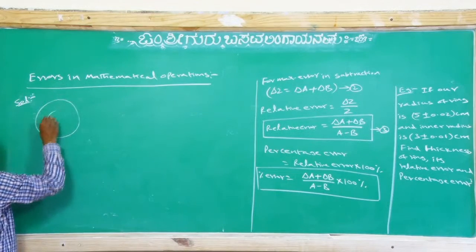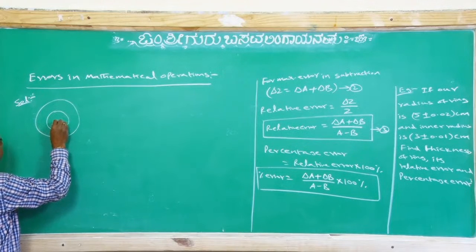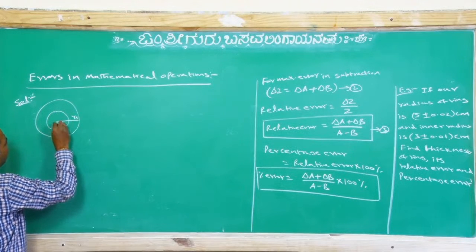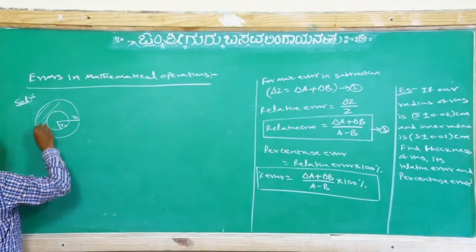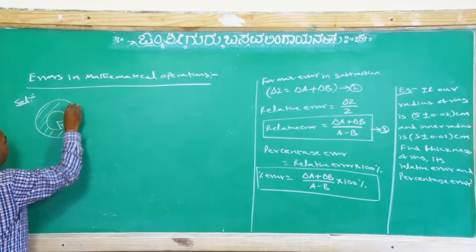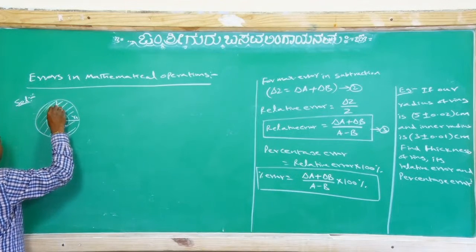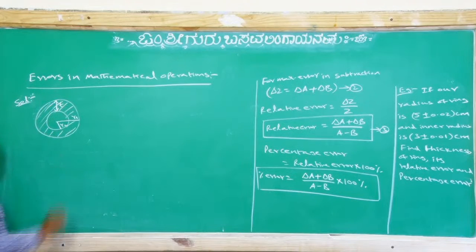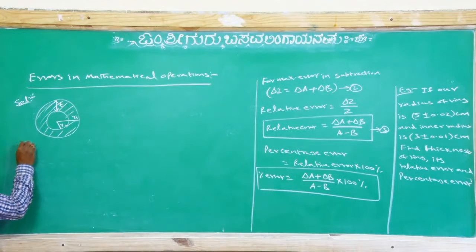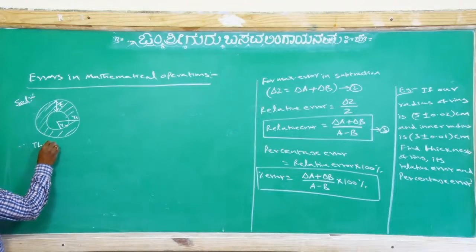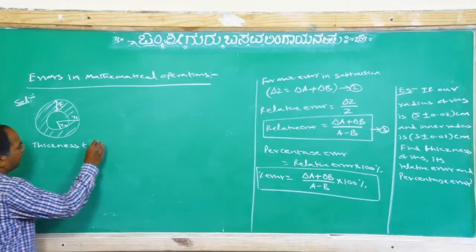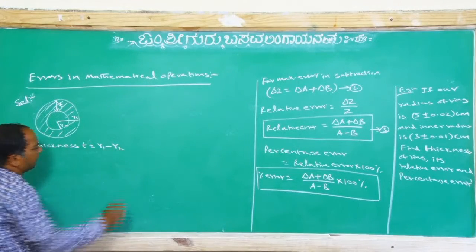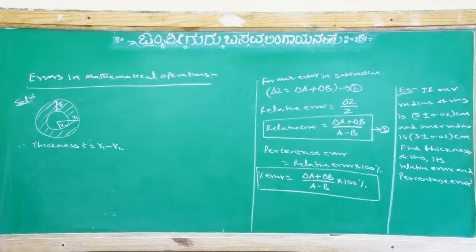Here the outer radius is R1 and the inner radius is R2. This is the material of the ring. Now this distance is the thickness. Therefore the thickness T is equal to outer radius minus inner radius, R1 minus R2.